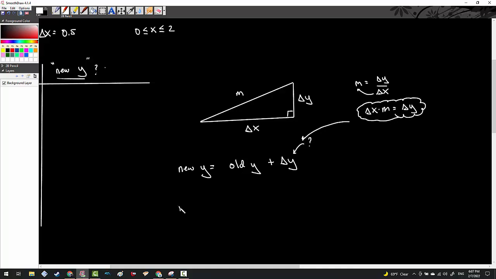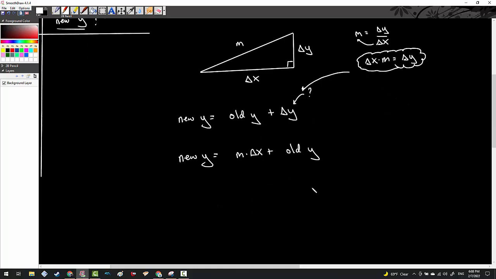So what we say for new y is that we have m times delta x plus old y. And in books, what they tend to say as an actual formula is this: y sub n is equal to dy over dx times delta x plus y sub n minus 1.